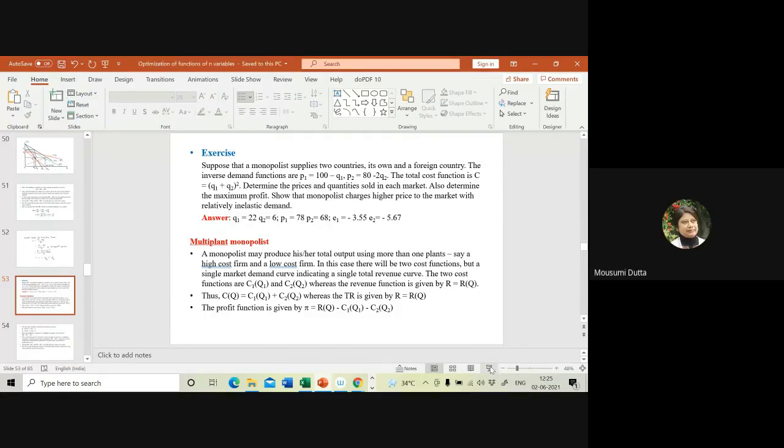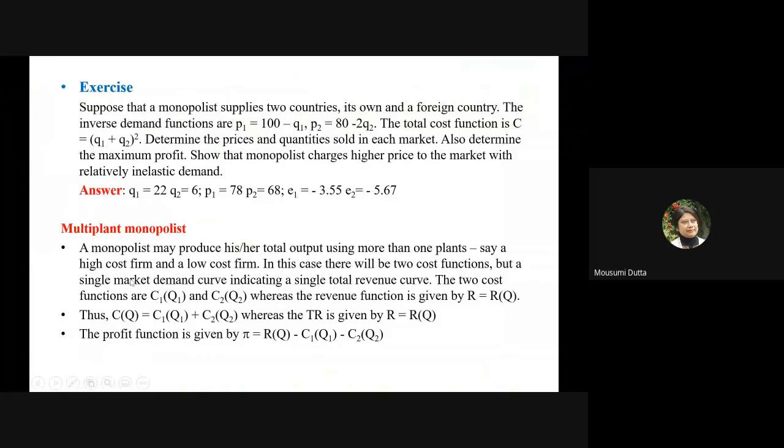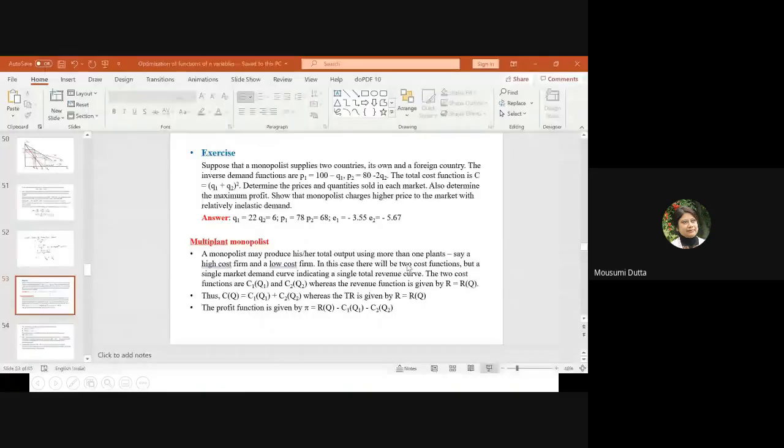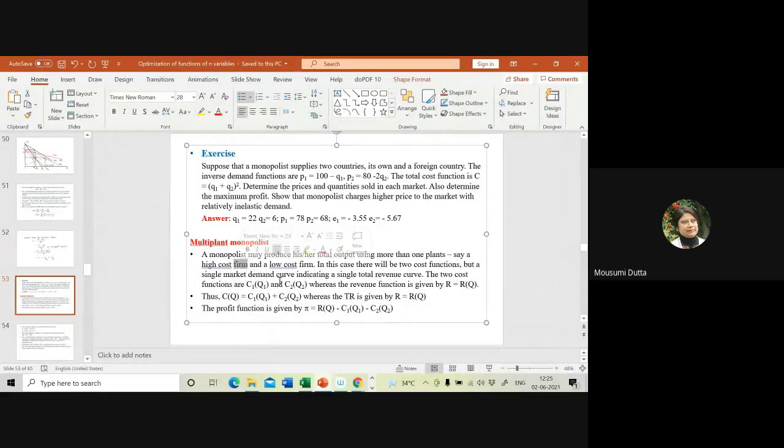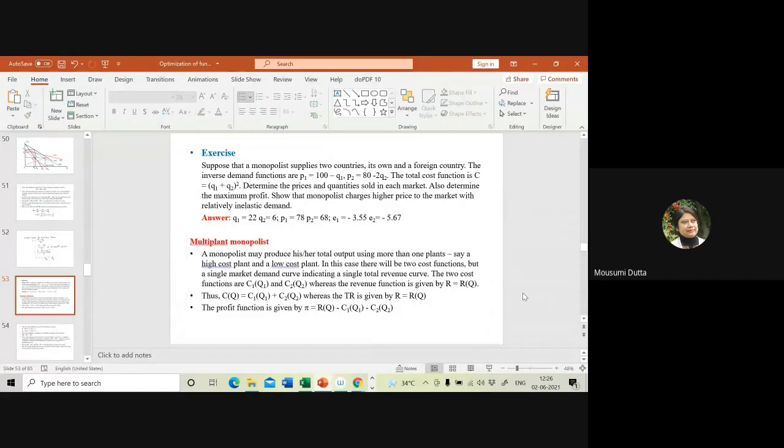Okay, I'm telling the same thing. A monopolist may produce his or her total output using more than one plant. Say a high-cost plant and a comparatively low-cost plant. Extraction cost is, say, something in one place, say Gujarat, and the extraction cost is different in, say, Trivandrum.